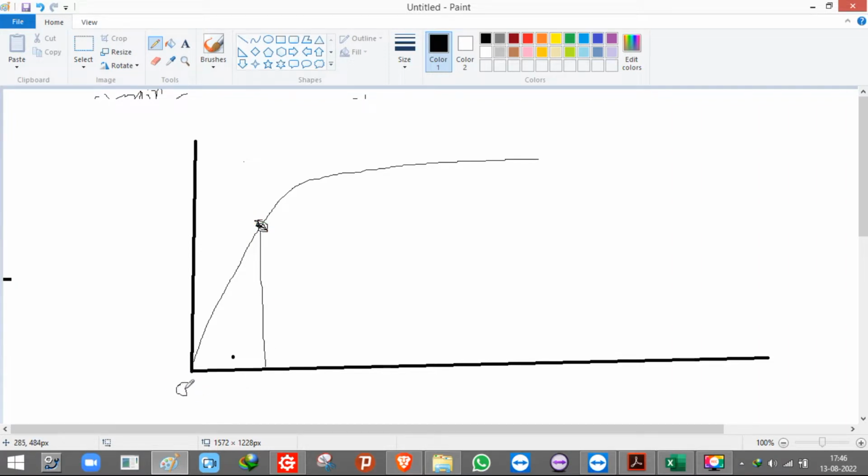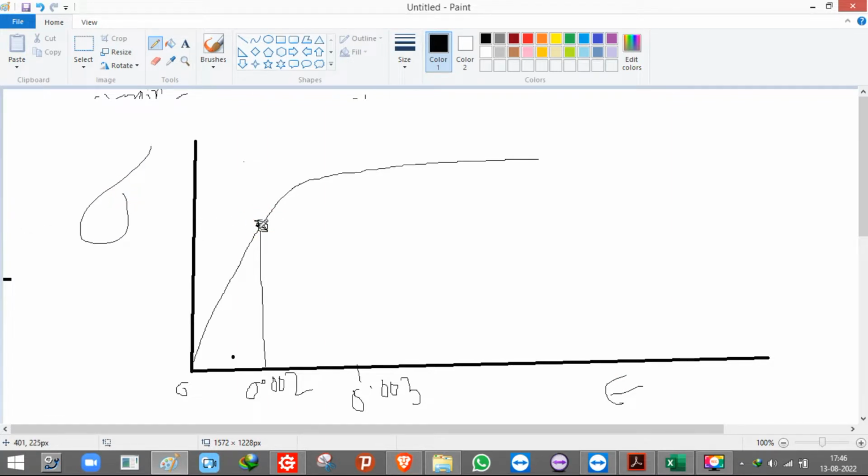Let's say we start from 0 and the strain is 0.002. I'm just giving an example. I've taken a random value 0.002, and here 0.003. Likewise, the x-axis is representing strain and the y-axis is representing stress.